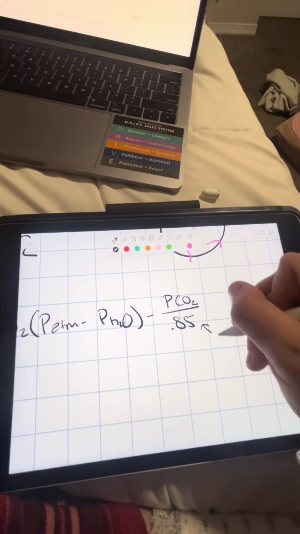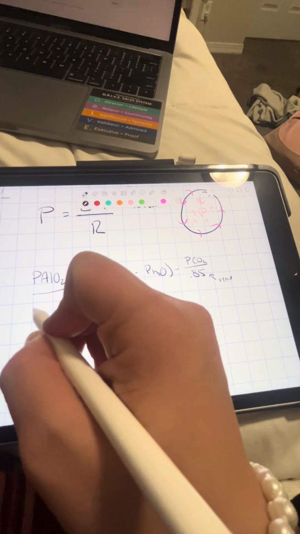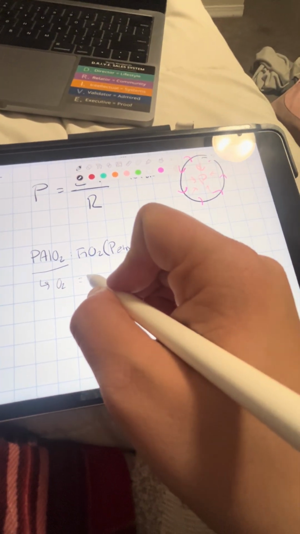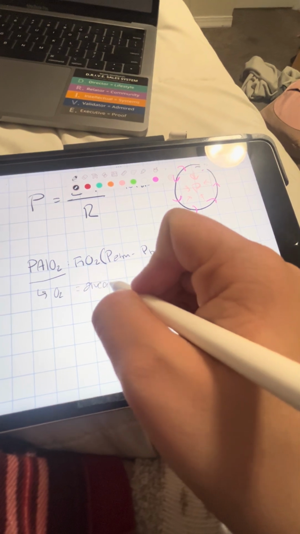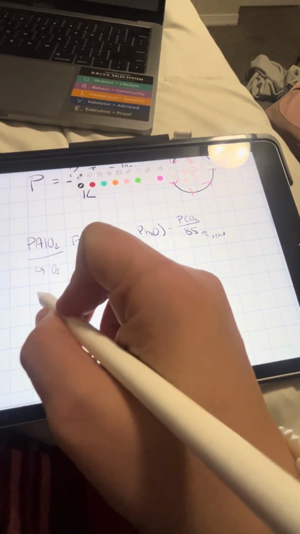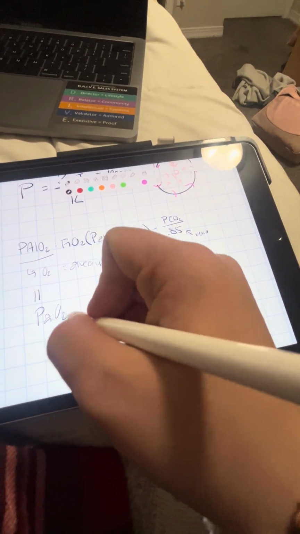This is just a normal ratio that we've calculated for all humans. Basically, this value right here is the partial pressure of oxygen in your alveolus. And because it equilibrates with our blood, this number should also equal your P little a.